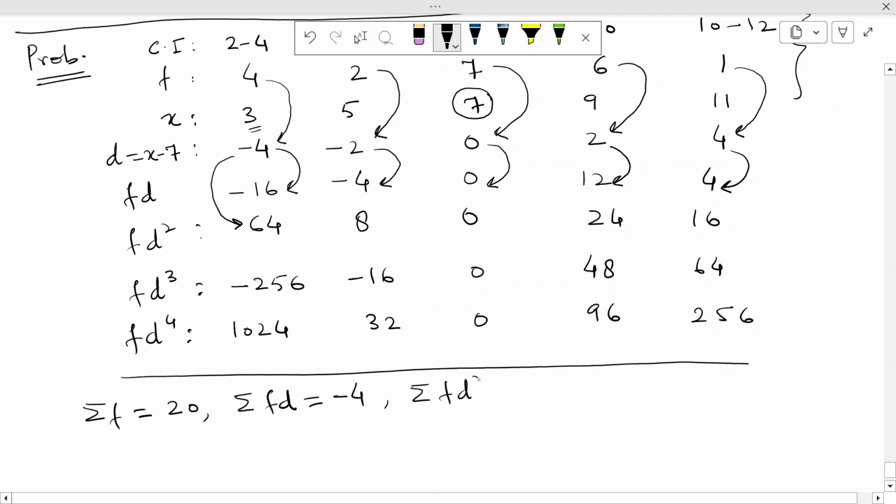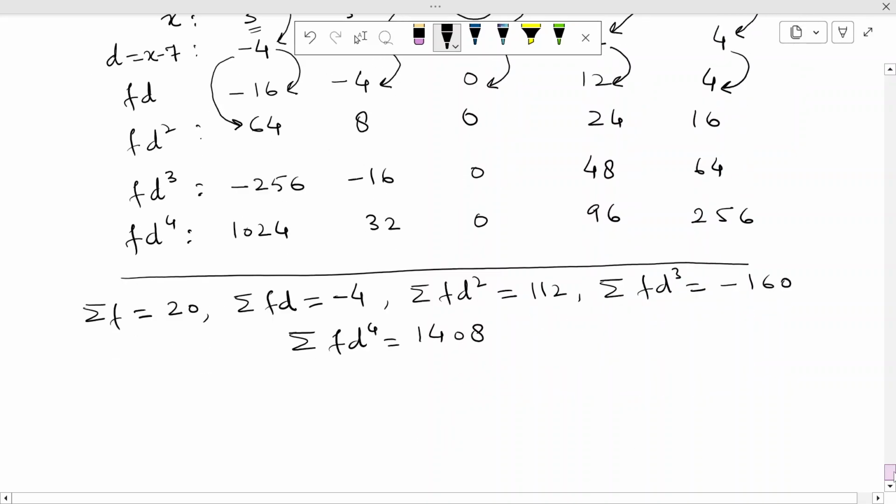It comes out as minus 4. Next we have summation FD square, which comes out as 112, and summation FD cube, which comes out as minus 160, and lastly summation FD4, which is 1408. So we can obtain our first moment, and because we are calculating the non-central moment, it is good practice to put the prime over the symbol mu.